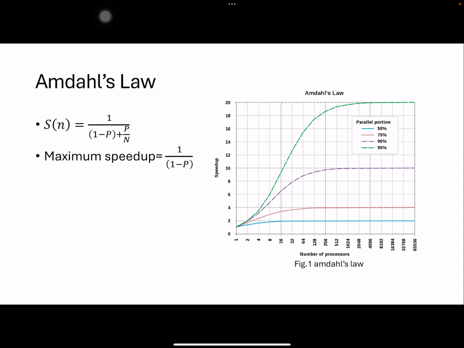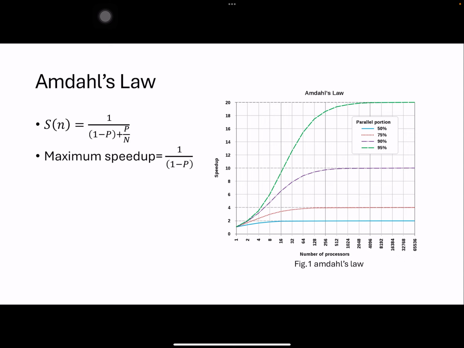When P equals 0, which means there is no parallel code, the speedup ratio S is 1, no matter what N is.